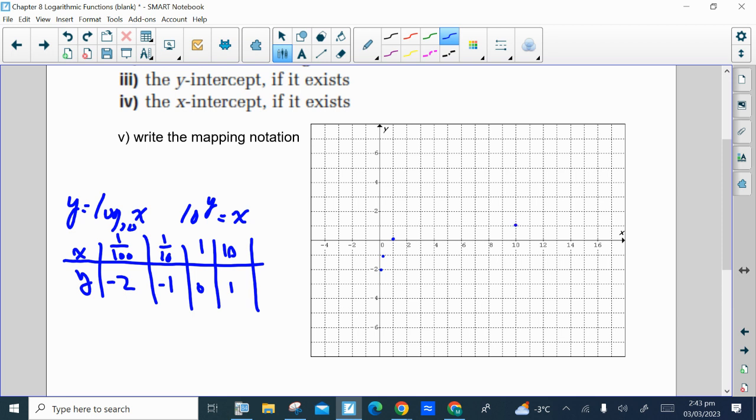Again, you've got a vertical asymptote here, which is the y-axis. So this is our graph.